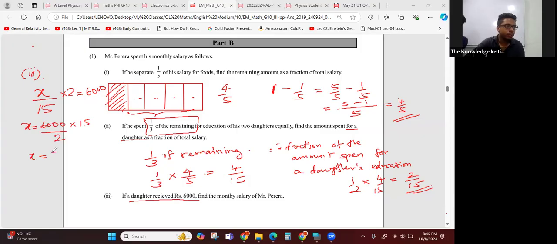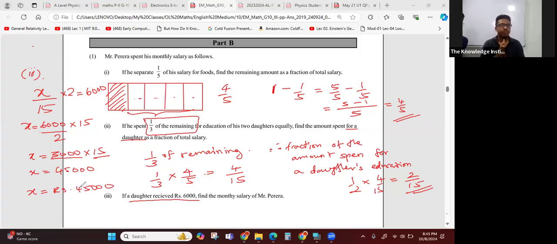So 6,000 divided by 2 is 3,000 into 15. So 3 into 15 is 45, and then 45 followed by 3 zeros, 45,000. Therefore, x equals rupees 45,000. So 45,000 is the monthly salary of Mr. Pereira.